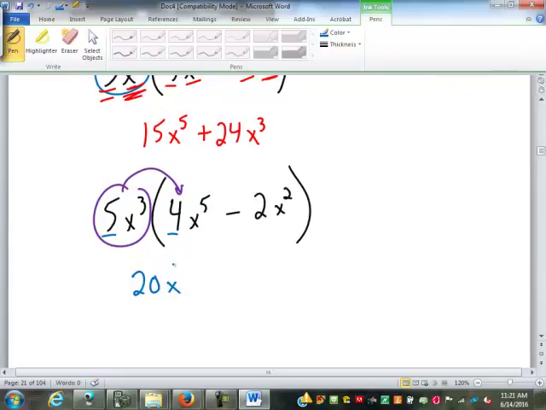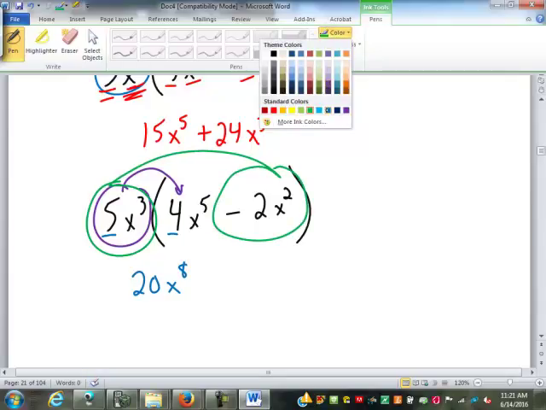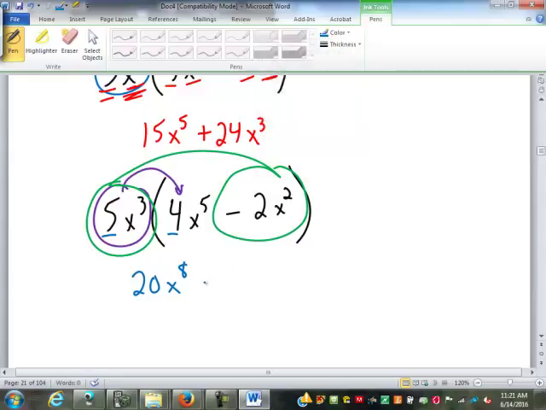X to the 8th. Good. 3 plus 5 is 8. Now I'm going to do 5x to the third times, remember that's a negative 2x squared. 5 times negative 2, negative 10. X to the third times x squared, x to the fifth. Very good. Any questions?